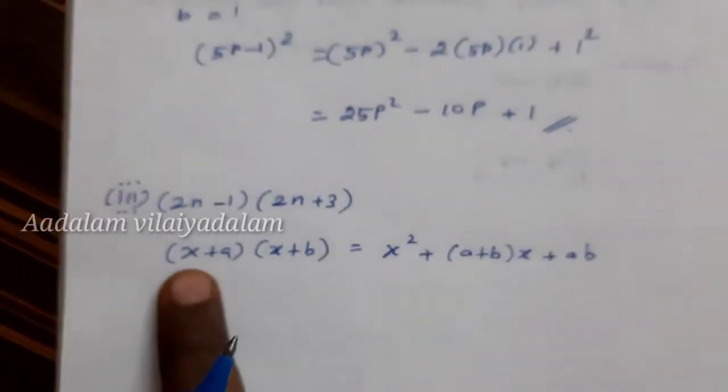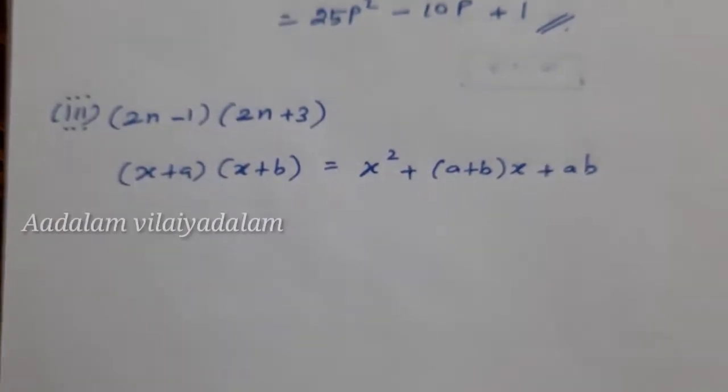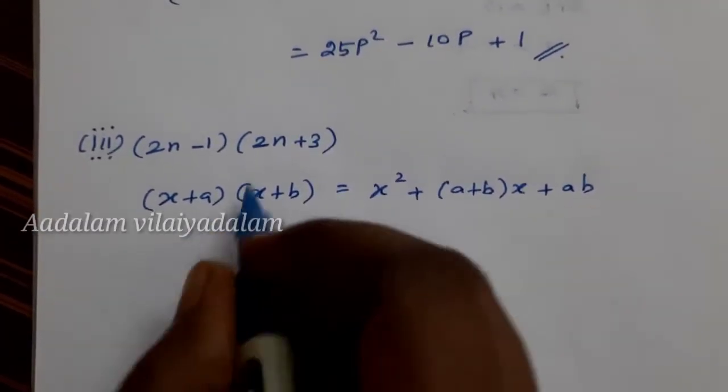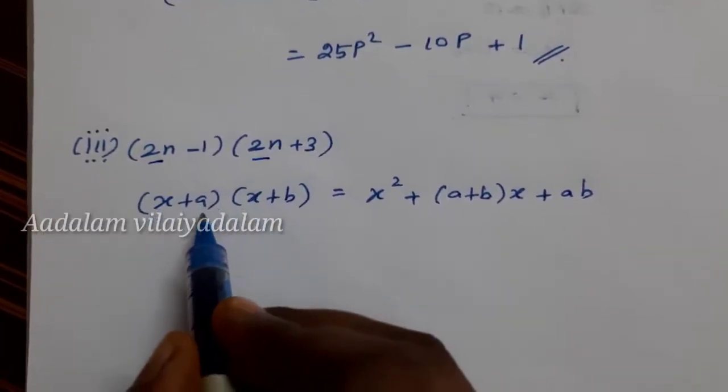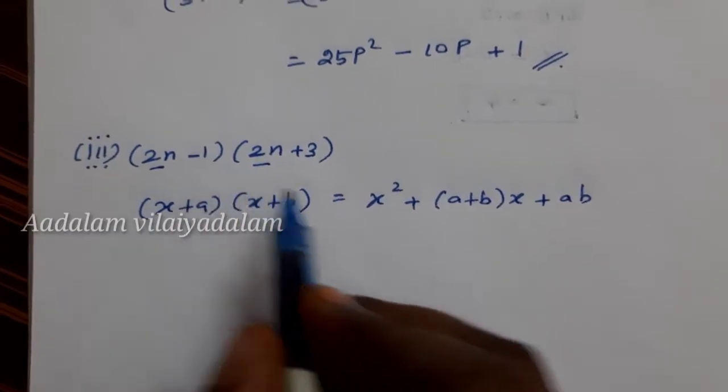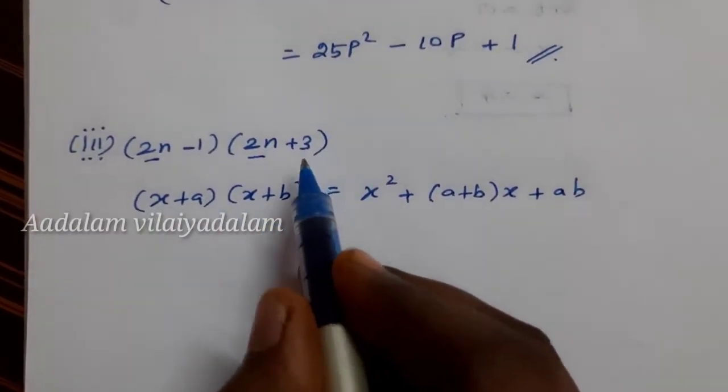In the place of x we have 2n. So next, in the place of a we have minus 1 and in the place of b we have plus 3.